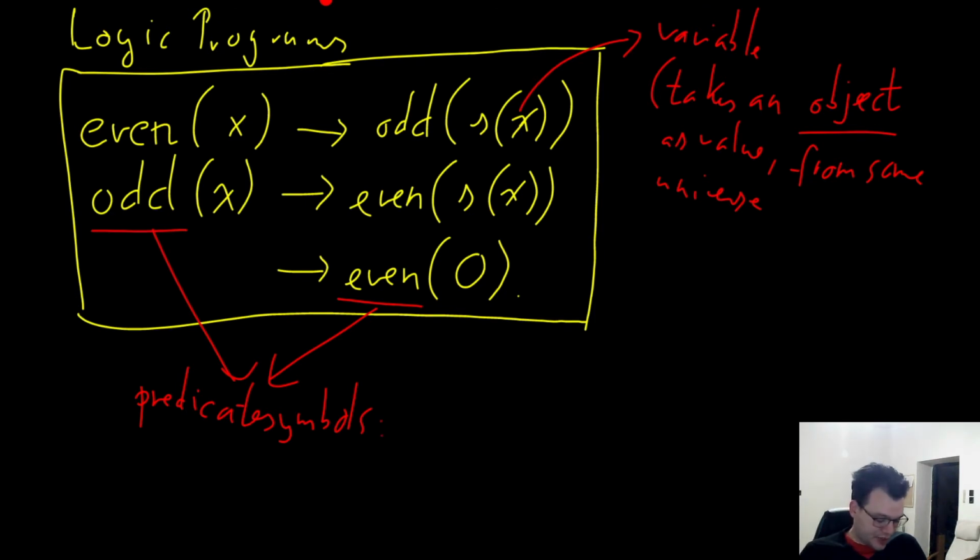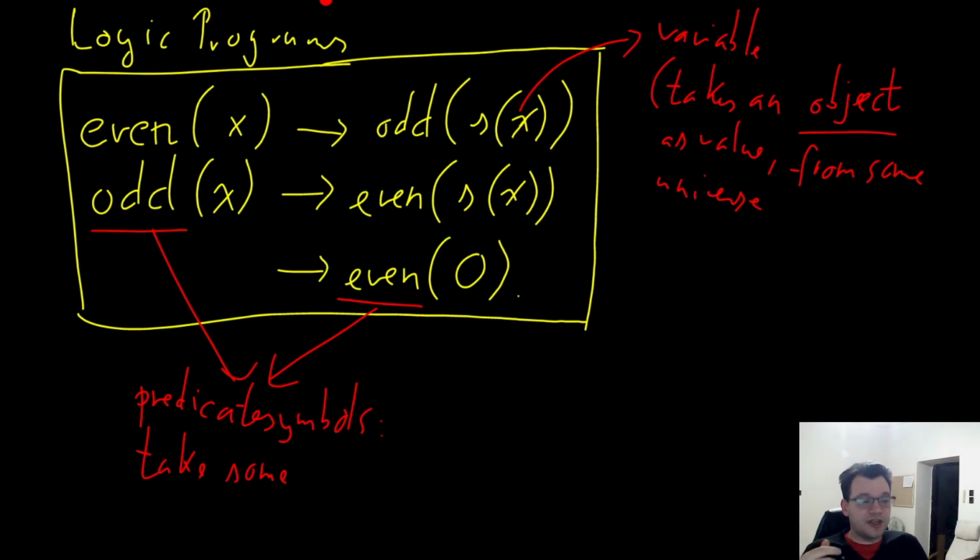So they take some objects. Well, in this example, the even takes only one object and the odd takes only one object. But for example, if I would use the smaller than or equal to predicate, that takes two objects and returns true if the first object is smaller than or equal to the other one.